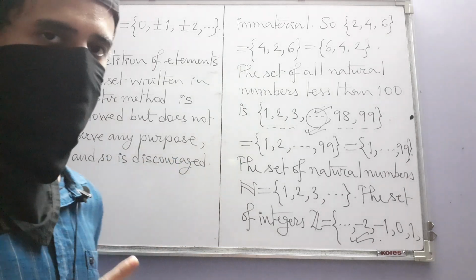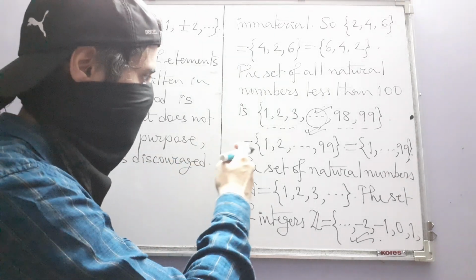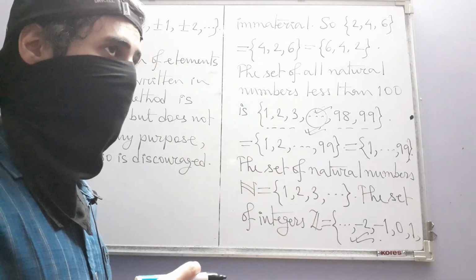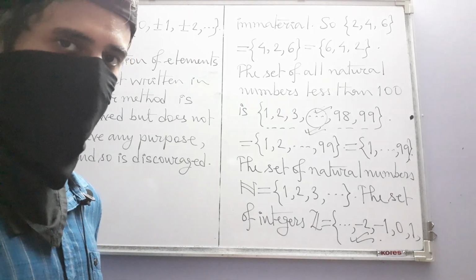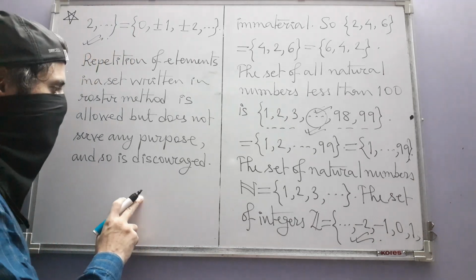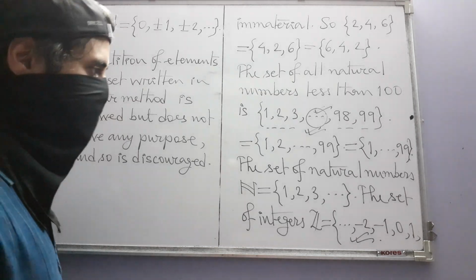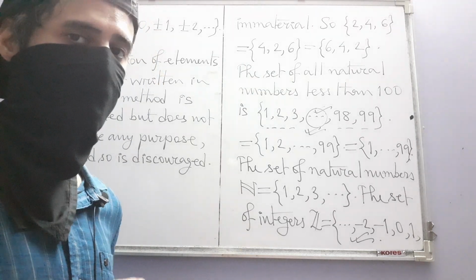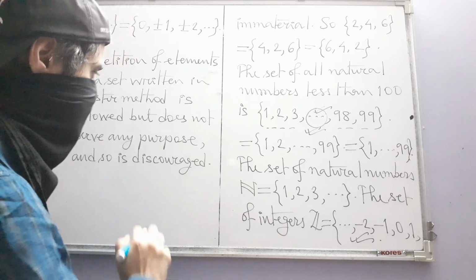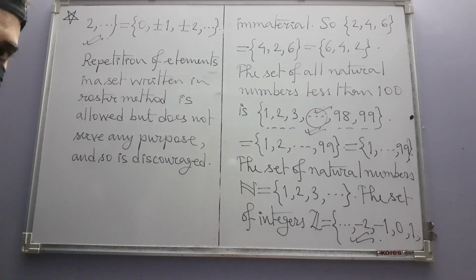While writing a set in roster method and while listing the elements, you can repeat an element as many times as you want. That is allowed. However, that does not give us anything. If anything, it just creates unnecessary writing labor, and that is why that practice is discouraged.